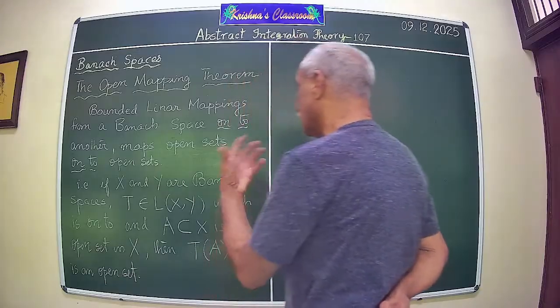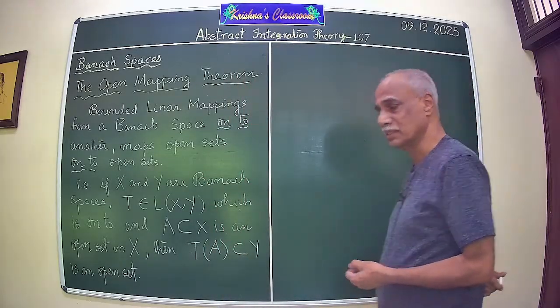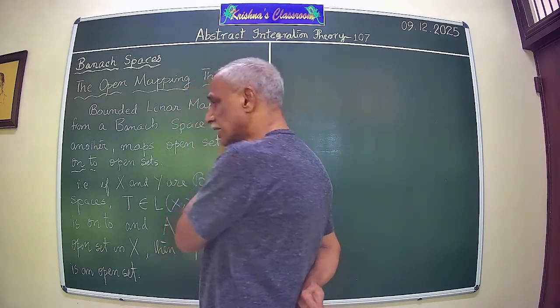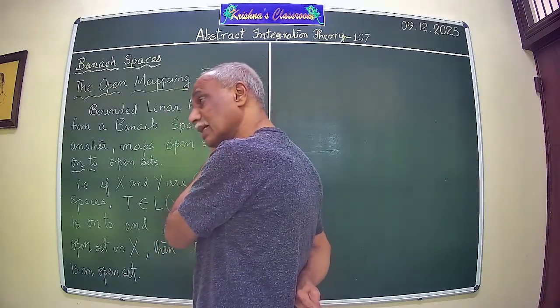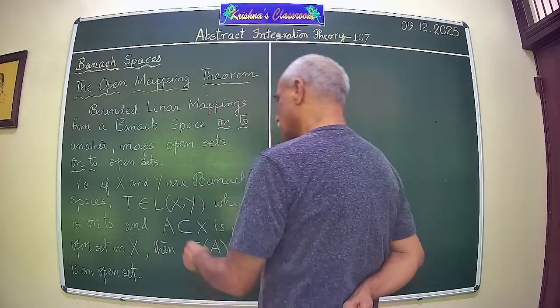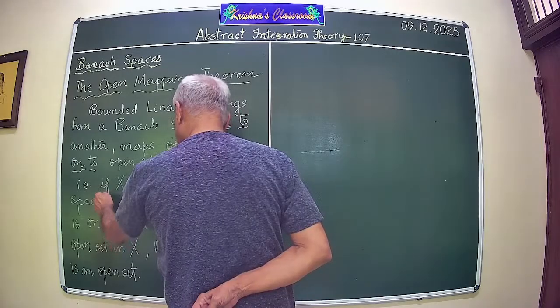Now this is the reason why this theorem is called the open mapping theorem. So we shall examine one after another the conditions of the theorem. So we shall put it in symbols.